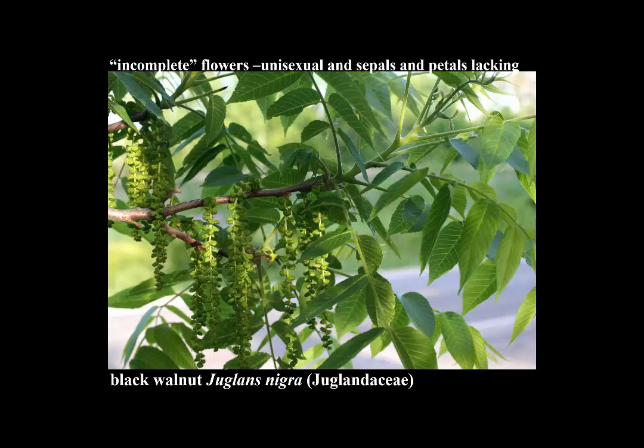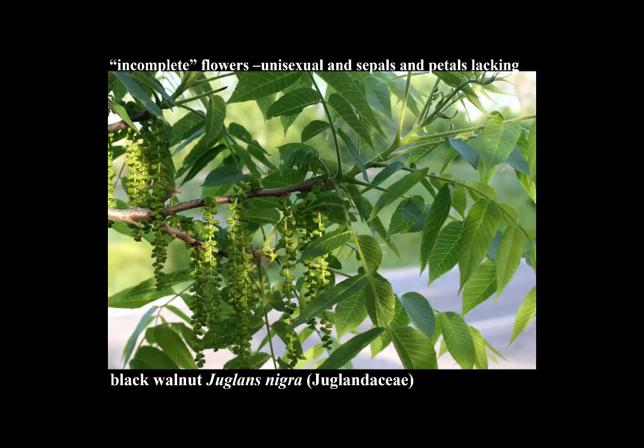Okay, here's a walnut, black walnut, and black walnut has a pollination syndrome that's kind of characteristic of a lot of forest trees. Black walnut is monoecious. It means one house, and what is in one house are male flowers and female flowers. In other words, the flowers are unisexual, but the plants aren't. Each plant has both male and female flowers.